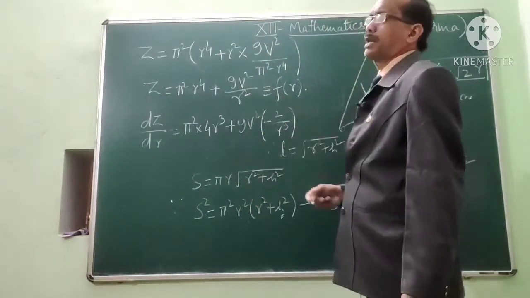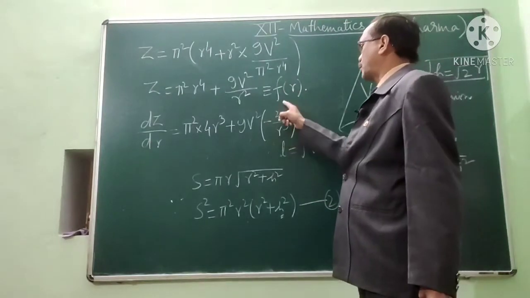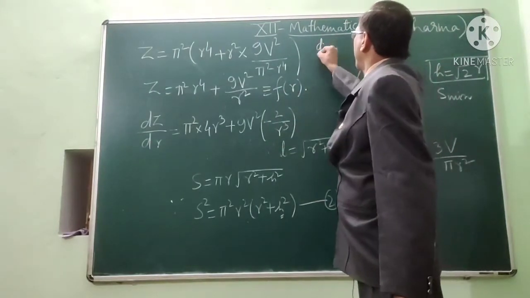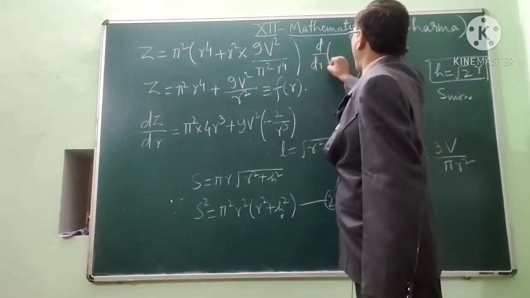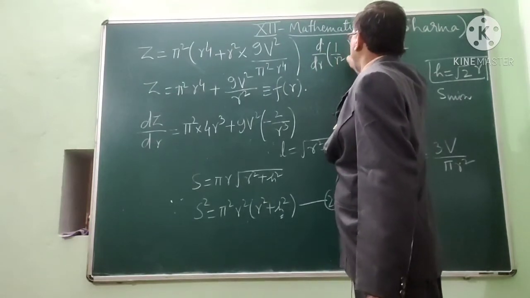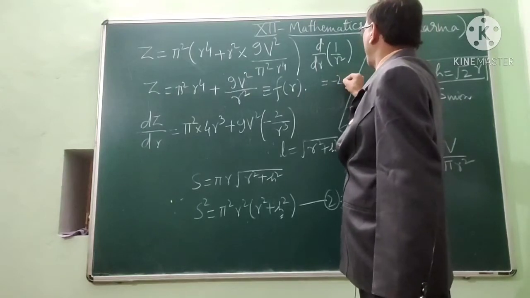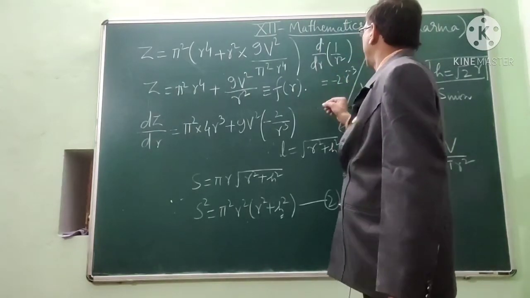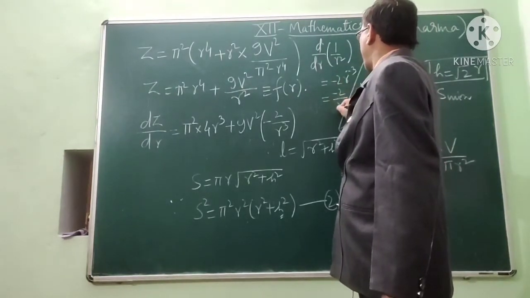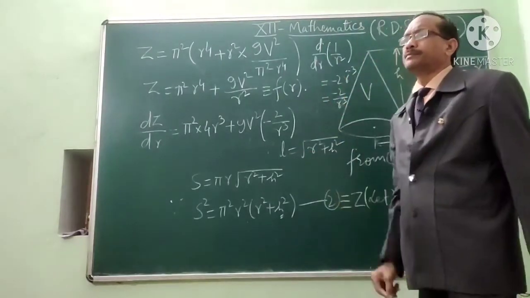The derivative of 1 upon r square: d over dr of r power minus 2 is minus 2 r power minus 3, which is minus 2 upon r cube.